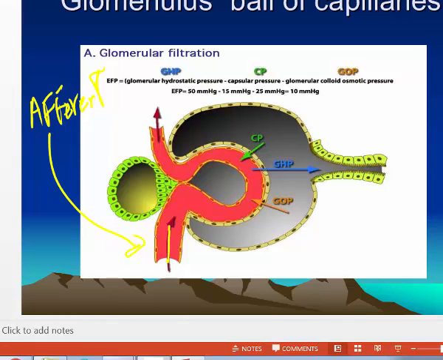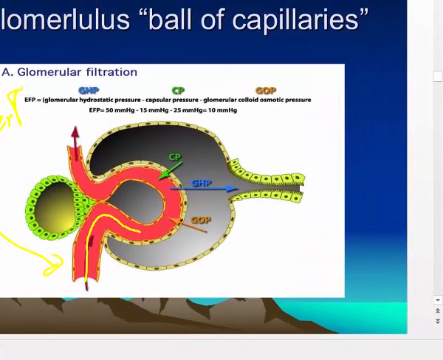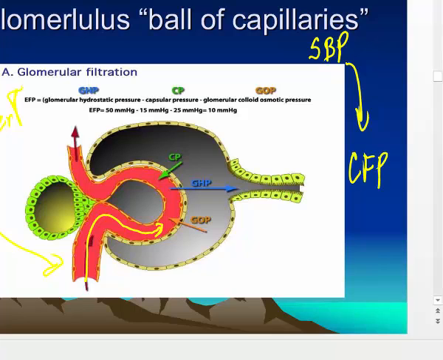So as arterial blood comes into the glomerulus under pressure, those four pressures that we talked about in the cardiovascular system, remember that? Capillary, osmotic, but the biggest driving force of how much plasma is filtered by the glomerulus is your systolic blood pressure. And your systolic blood pressure determines capillary fluid pressure.